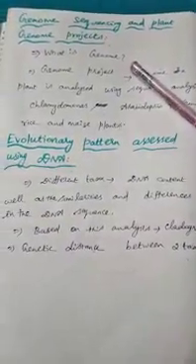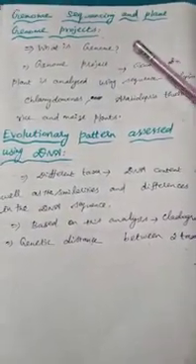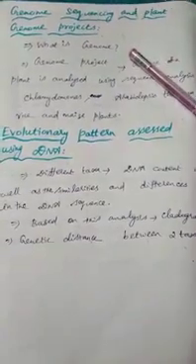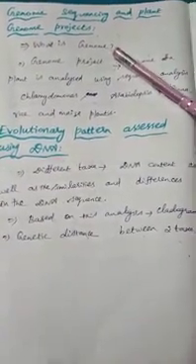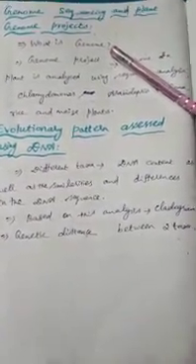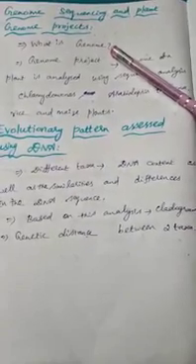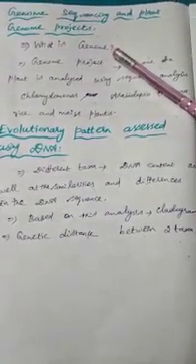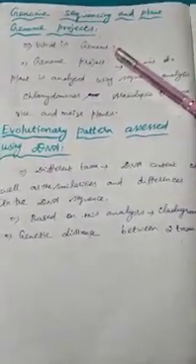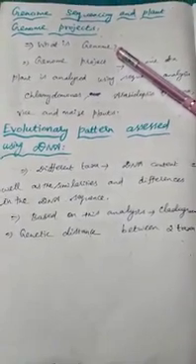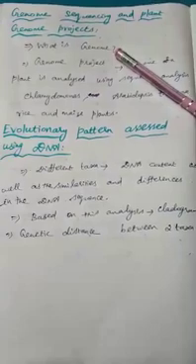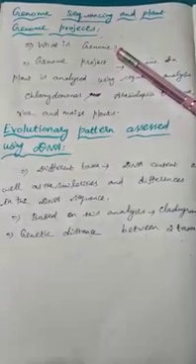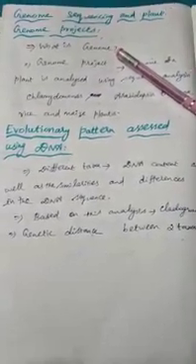Next one is genome sequencing and plant genome project. What do you mean by genome? Genome is nothing but the complement of genes of a particular organism's DNA. And what do you mean by gene? We already know that the characteristics of an organism are determined by genes.